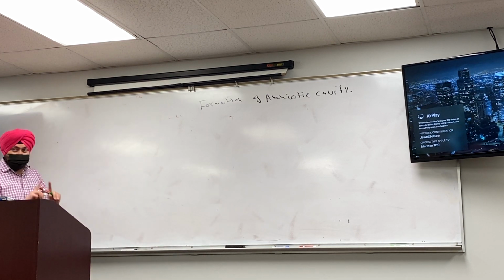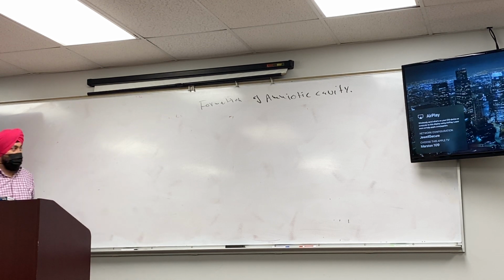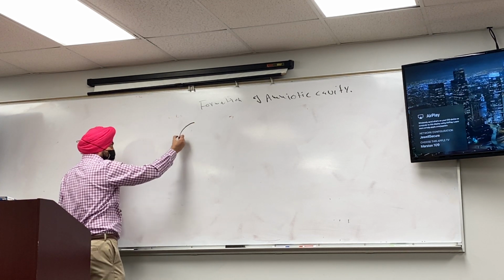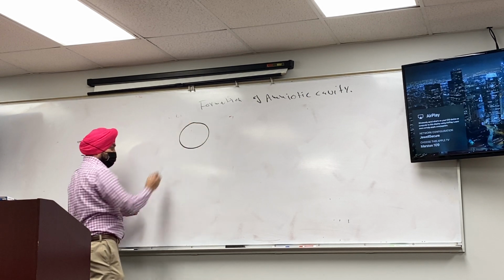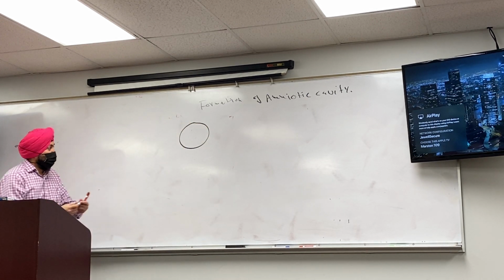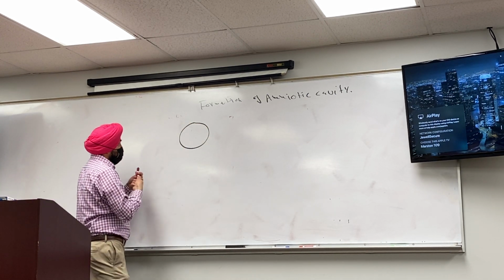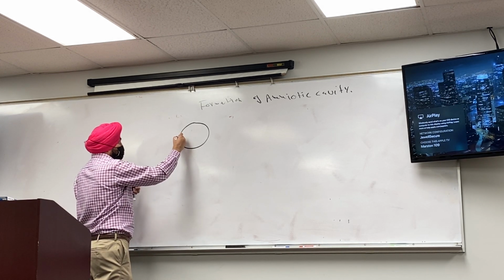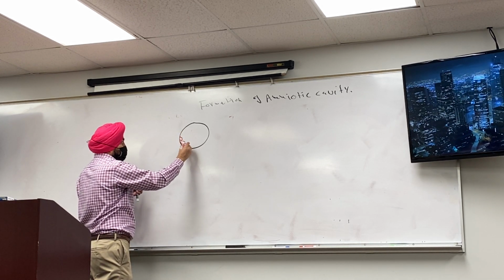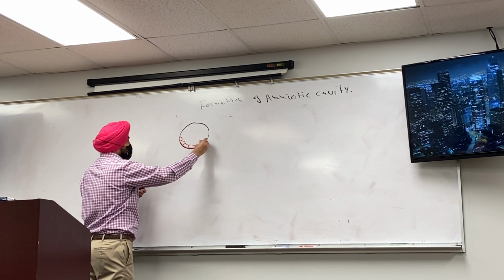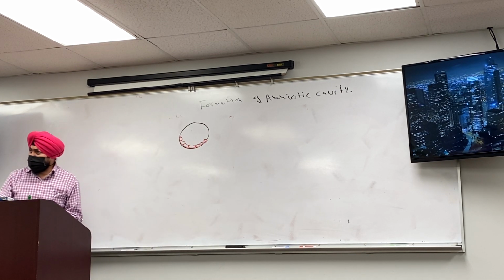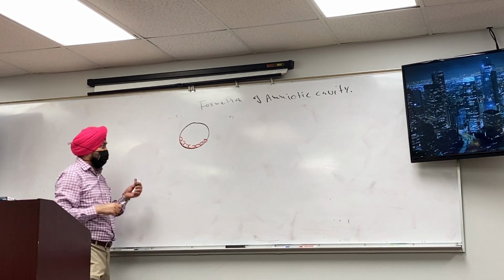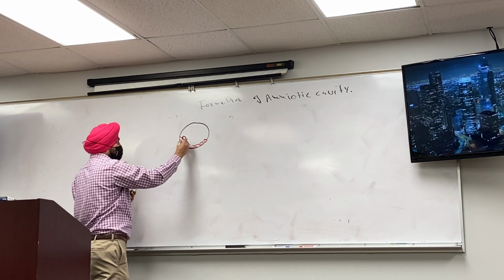So what happened? Still no gastrulation. So this is the stage we did talk about. We said this is the embryo right there. And we said, hey, we had these types of cells there, which were your epiblast cells, right? And then we said, hey, we had these cells.